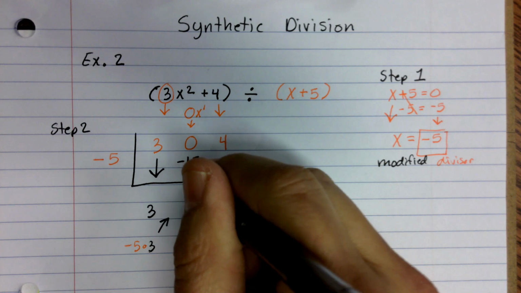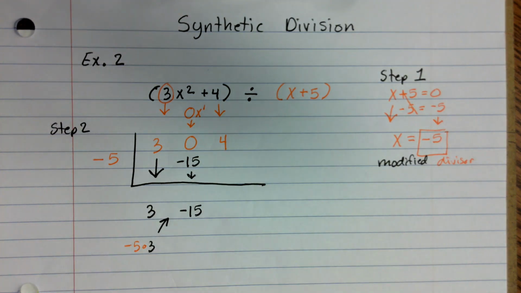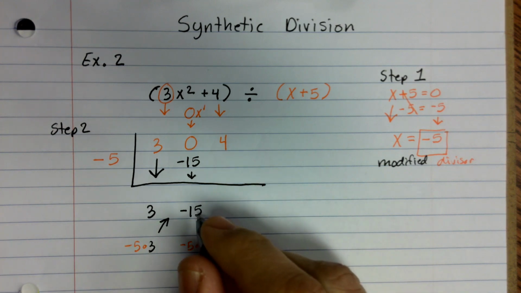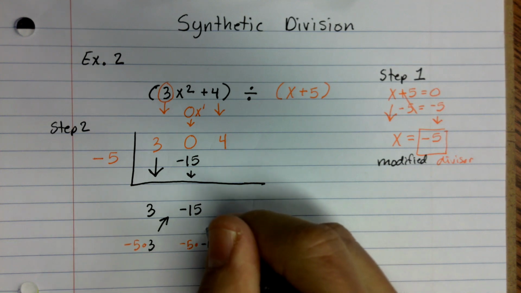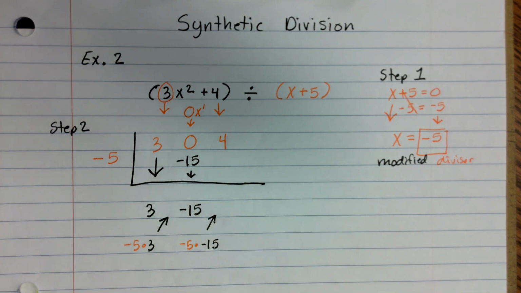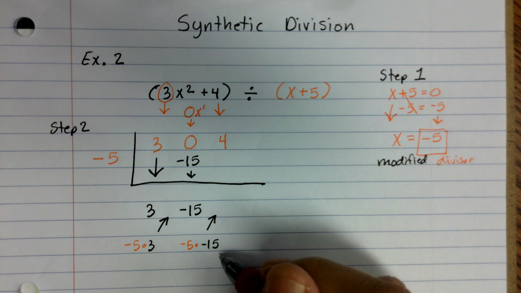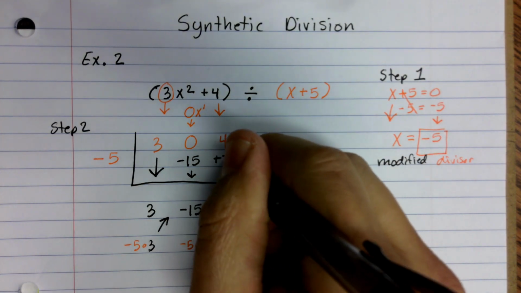Then I'm going to bring that answer down, and that just becomes -15. Then I'm going to take that modified divisor and multiply it by -15, and write that answer up on top. And 5 times 10 is 50, and 5 times 5 is 25, so that's going to be positive 75. So I'm going to write positive 75.